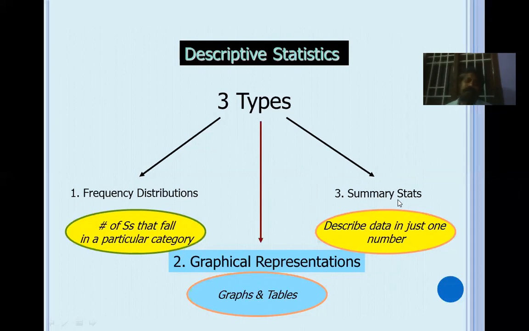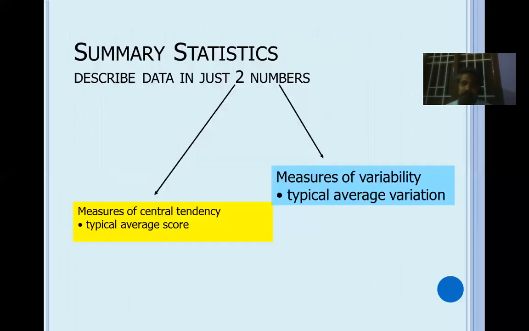So if you have collected data from 100 respondents, you need not tell what the first respondent told, what the second respondent told. No need. You can summarize and give a single answer as a representation for the entire sample. So this frequency distribution, graphical representation, and summary statistics, these 3 are called descriptive statistics.